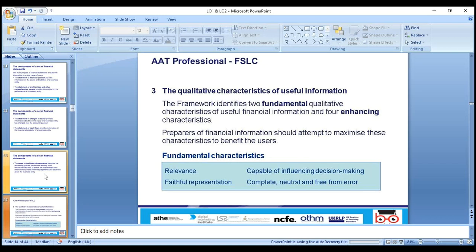So we need to make sure we have them properly. Relevance means all the information needs to be relevant so that people can make decisions based on the information. It must be faithful, complete, neutral, and free from errors. So information needs to be free from errors.